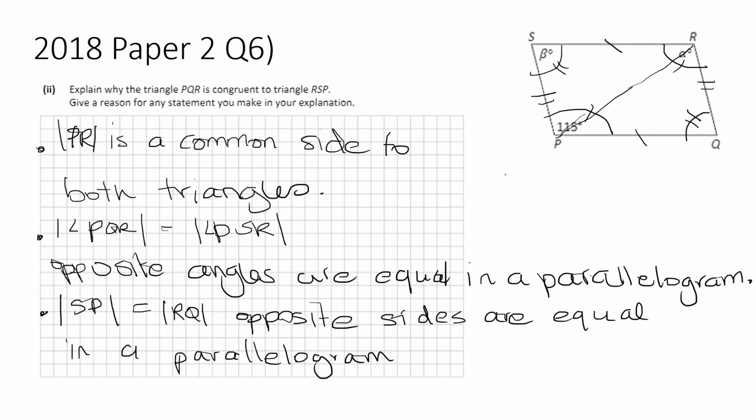So that gives you a side, an angle, and a side. So side, angle, side. You could have also said that SR is equal to PQ because they're opposite sides and they're equal as well. And that would give you side, side, side congruency if you want to go with that. So for that part there, it is worth 10 marks.